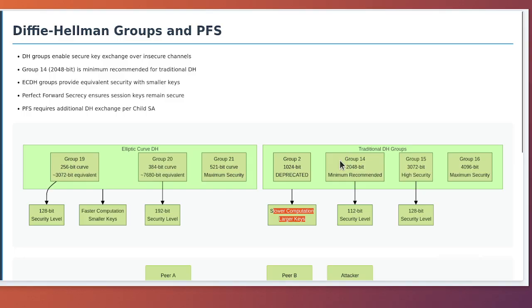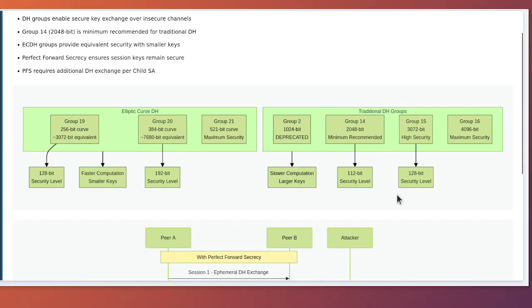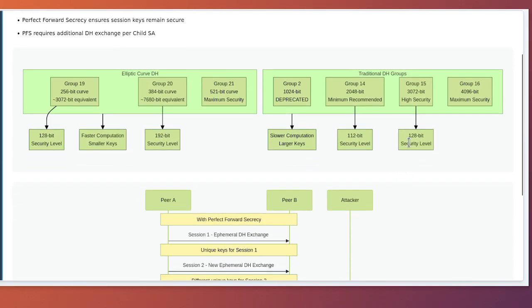Group 14 uses a 2048-bit prime and is currently the minimum recommended for most applications, providing security roughly equivalent to a 112-bit symmetric key. Group 15 and Group 16 use 3072-bit and 4096-bit primes respectively, offering higher security margins.